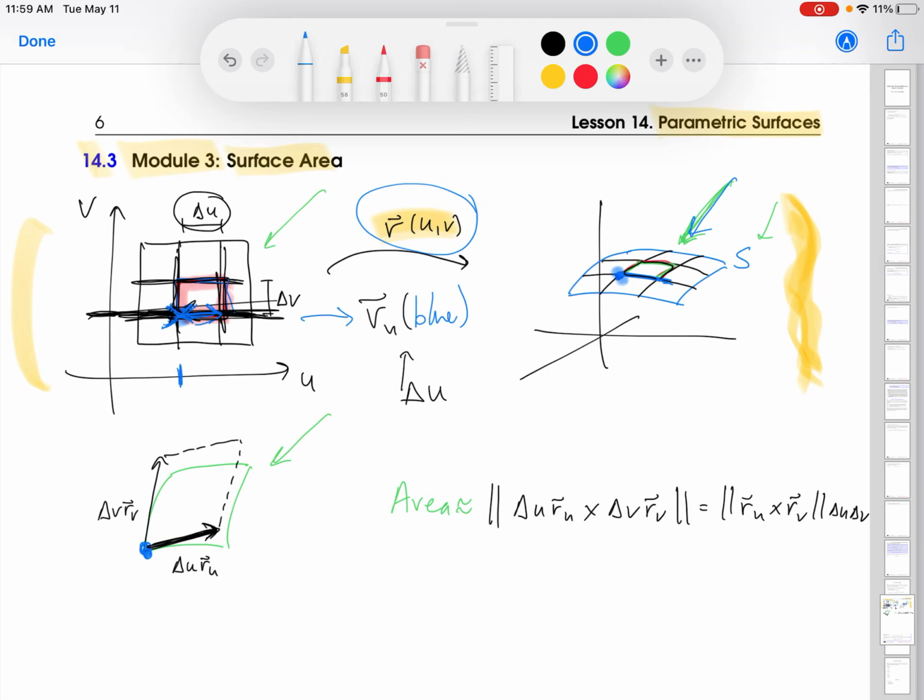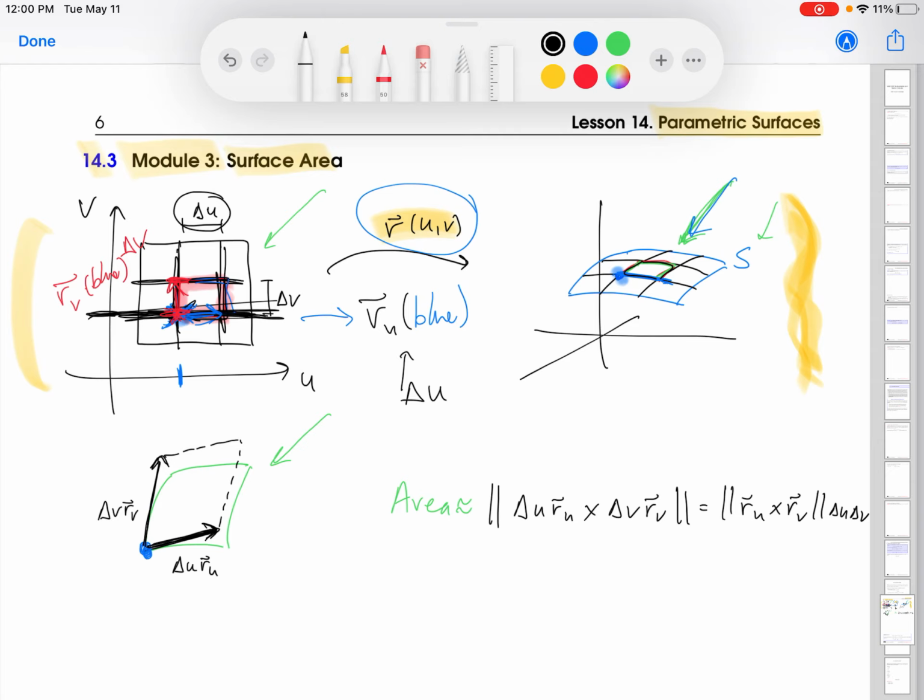So here is my constant U, and then the vector that points in that direction instantaneously at the blue point is R sub V, because I am holding U constant. If I take that vector evaluated at the blue point and I multiply it by delta V, right, then I am getting some approximation of this length of what happens on the surface S. So I am down here in this diagram generating this approximate change in distance.